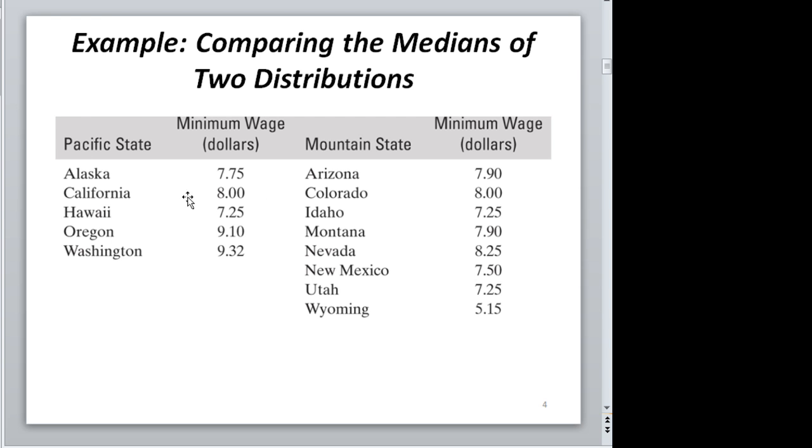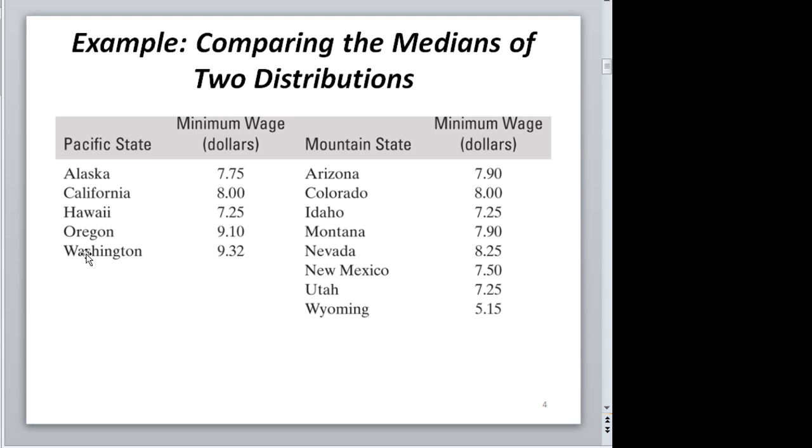So this first part has the Pacific states, and this one right here has the mountain states. So this is a state in the Pacific, and this is a state in the mountain region. And this would be the minimum wage in dollars.